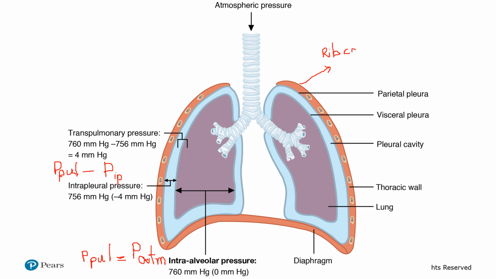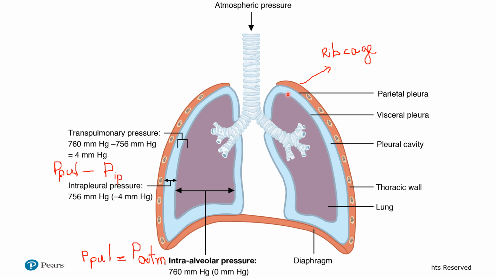And why is this rib cage pulling on the lungs? Because the rib cage is lined by the parietal pleura, and that parietal pleura is stuck to the visceral pleura because of the suction pressure of the tiny amount of pleural fluid present here.